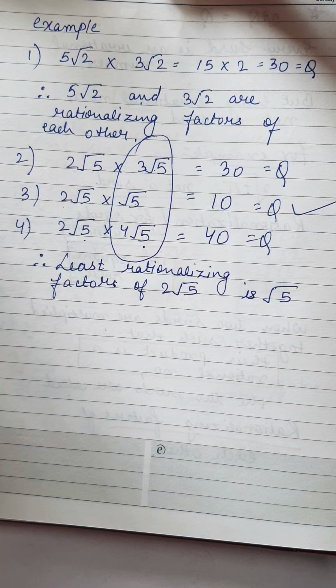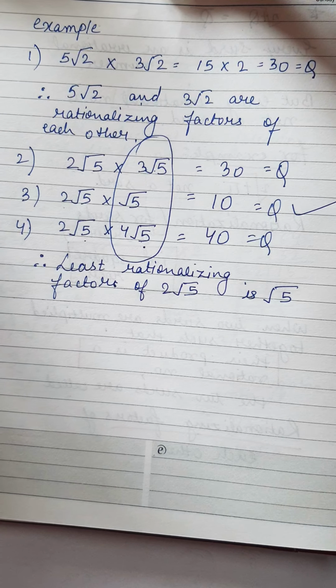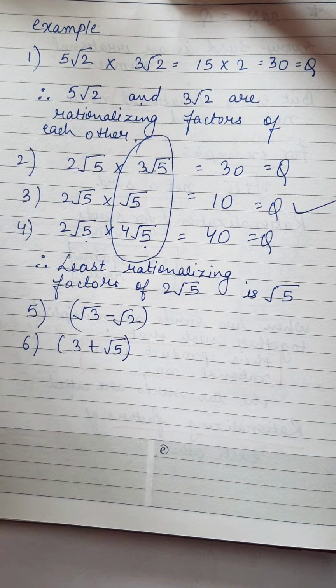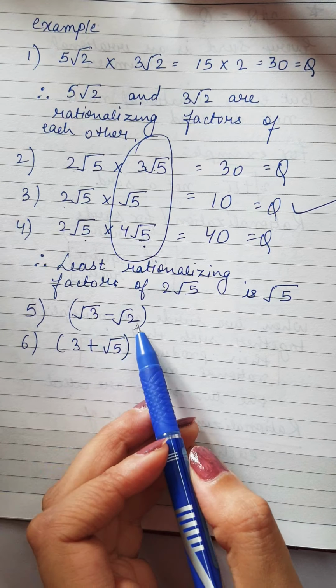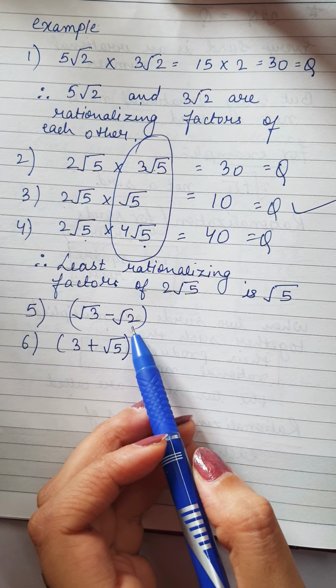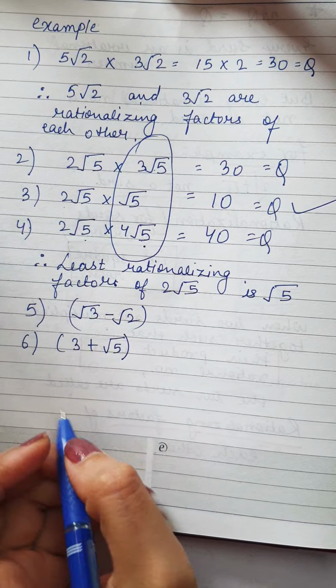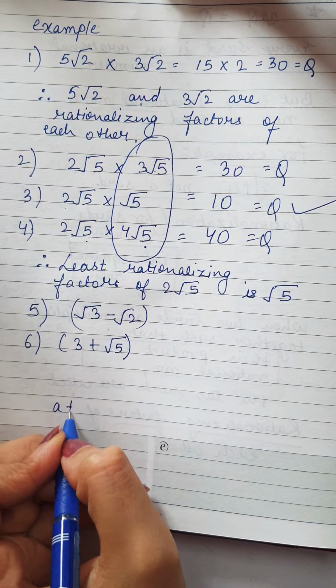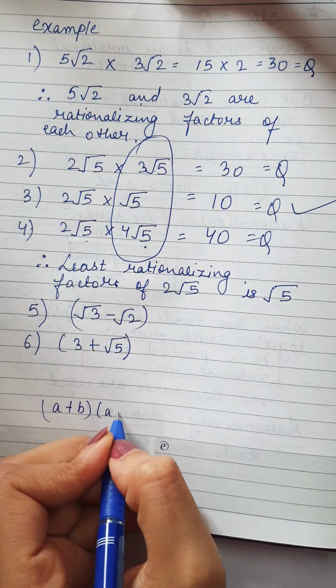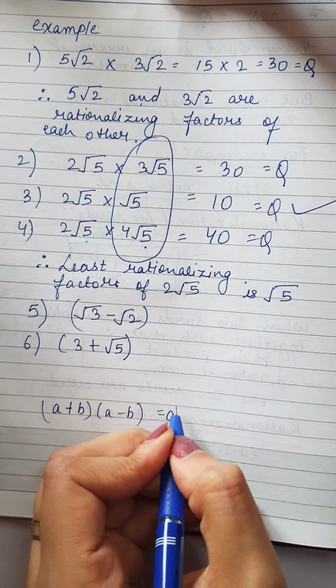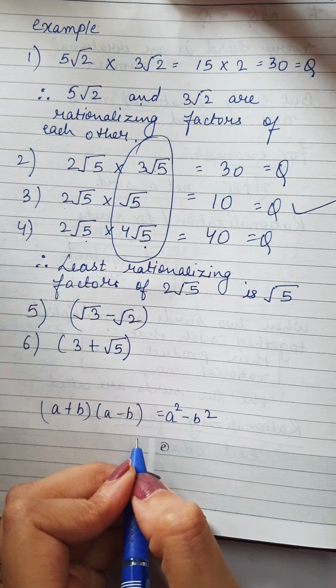Right. Now let's see the rationalizing factors for some expressions. See, the first expression is under root 3 minus under root 2. Now the only thing I can do is squaring, so I think this identity will help me: a plus b, a minus b will be a square minus b square.